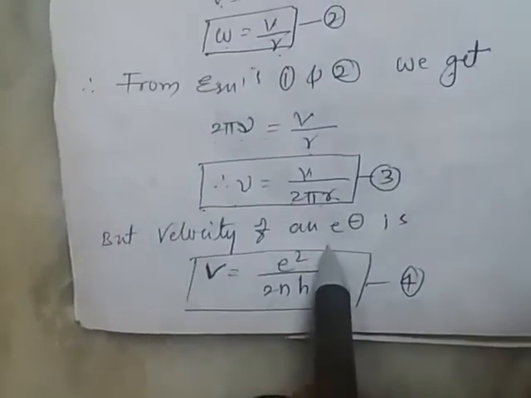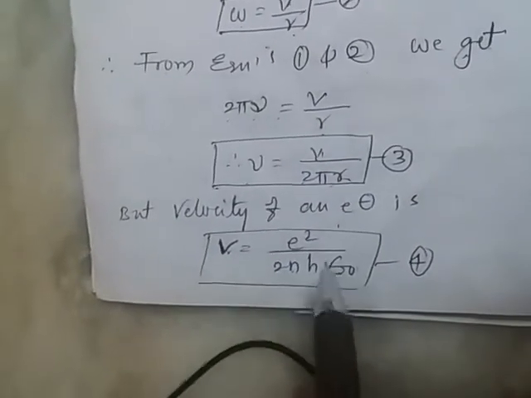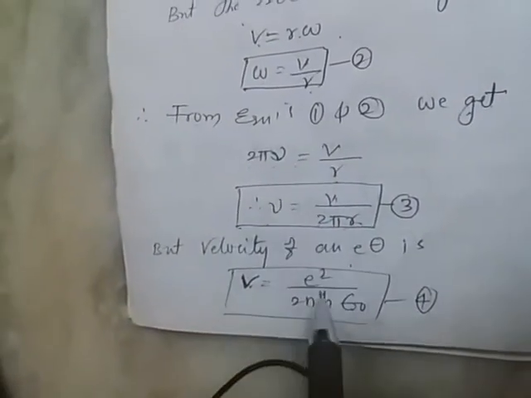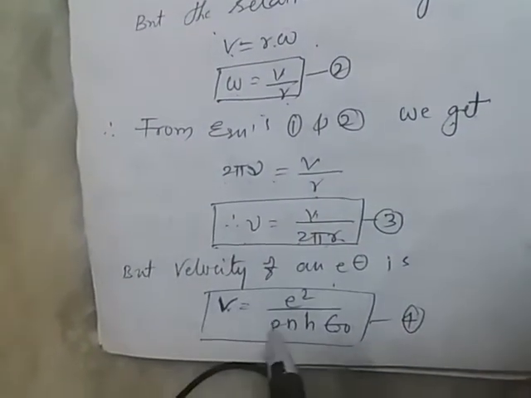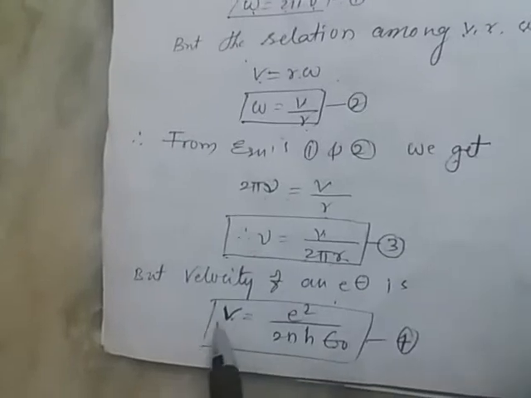So here we have to substitute the velocity of an electron revolving in a circular path, represented by v equal to e square by 2 n h epsilon naught. We just determined this in a previous topic. So nu equal to v by 2 pi r is the third equation and this is the fourth.